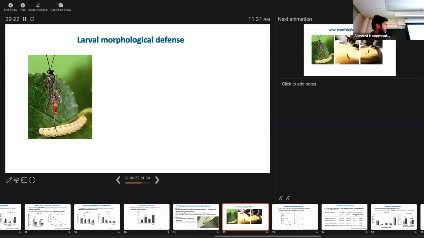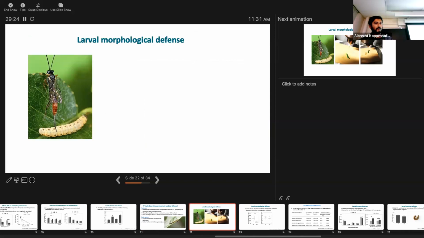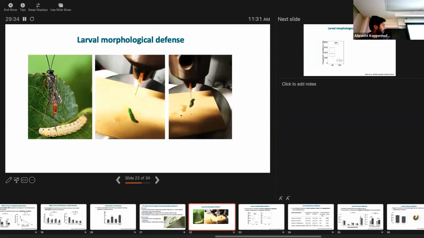We grew plants hydroponically and then reared Helicoverpa armigera larvae on those plus and minus silicon plants. Then we looked at larval morphological defenses. I estimated the thickness of the larval integument when feeding on plus and minus silicon plants, and the integument resistance to puncture.